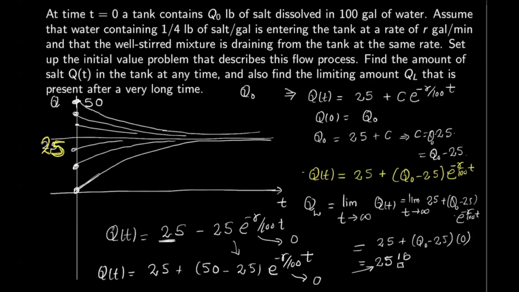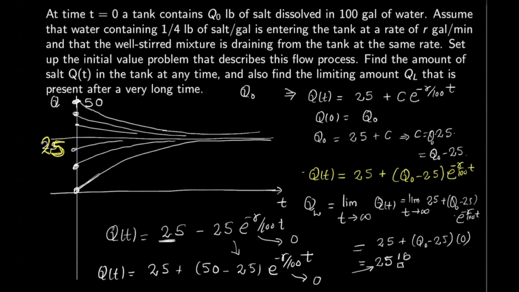Because there is initially 100 gallons of water, and one fourth is the concentration, one fourth times 100 is 25. That's why 25 is a very important number in this problem. Okay, this is the end of this problem.